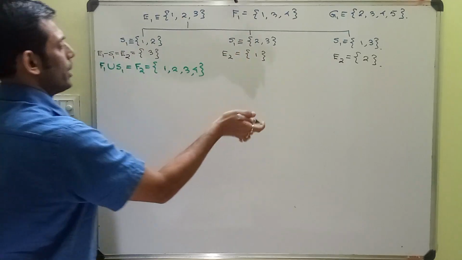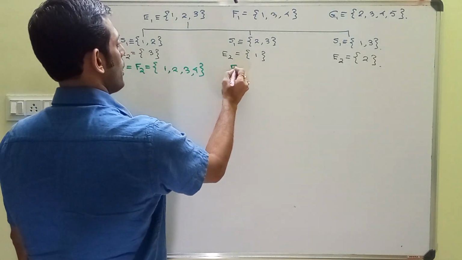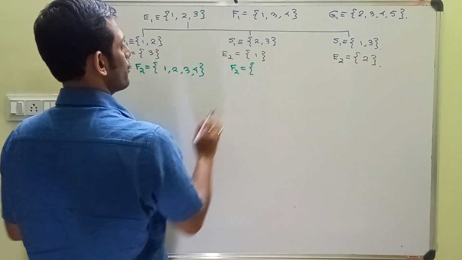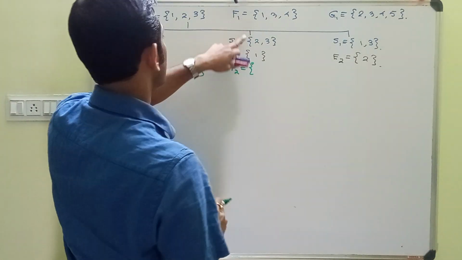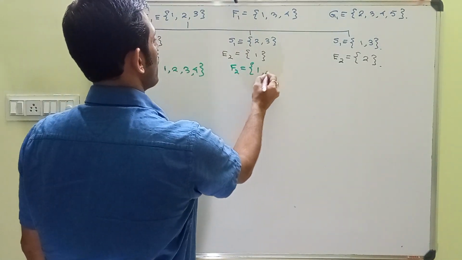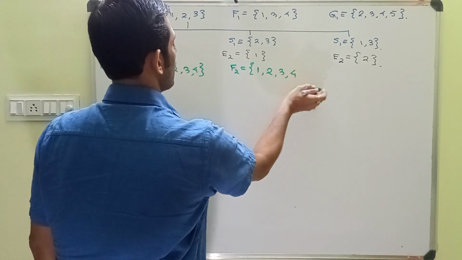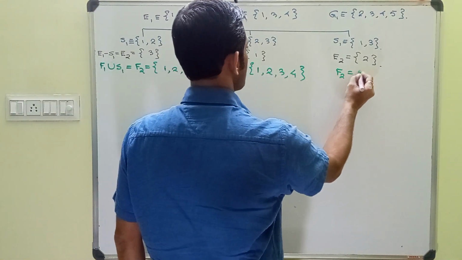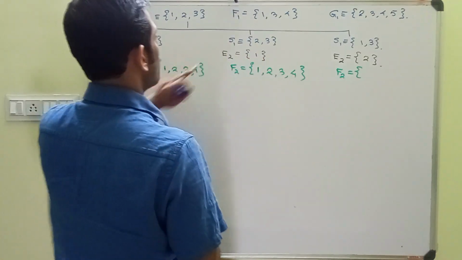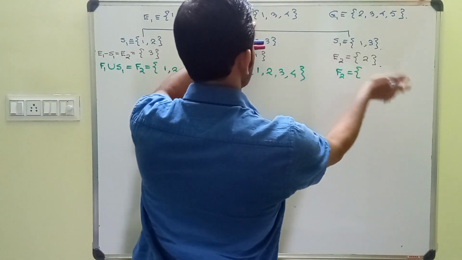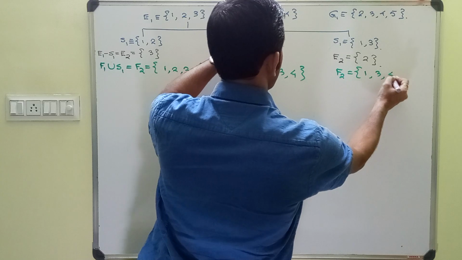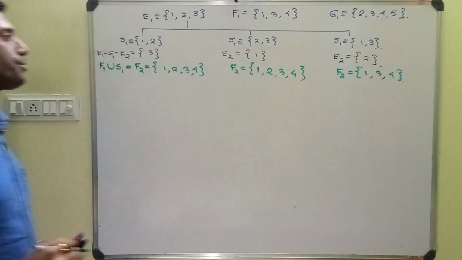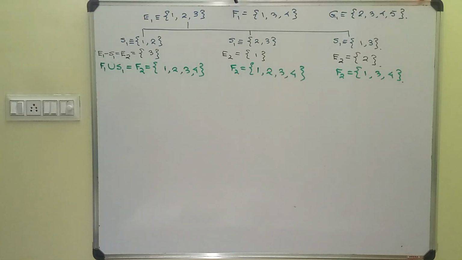Next, F2 for this case is F1 union S1, means again 1, 2, 3 and 4. Again F2 for this case is F1 union S1, that means 1, 3 and 4. This is the case of F2.